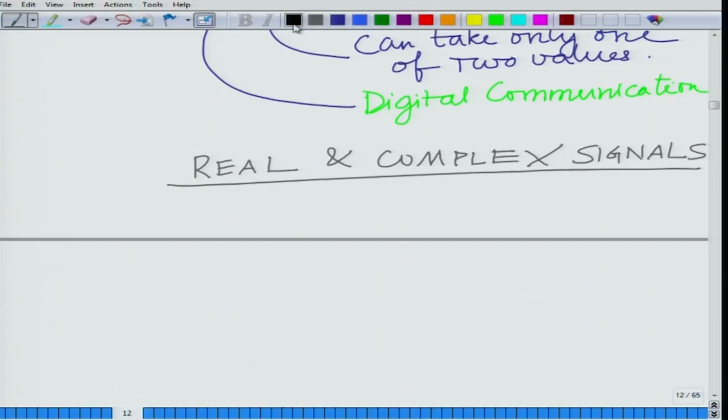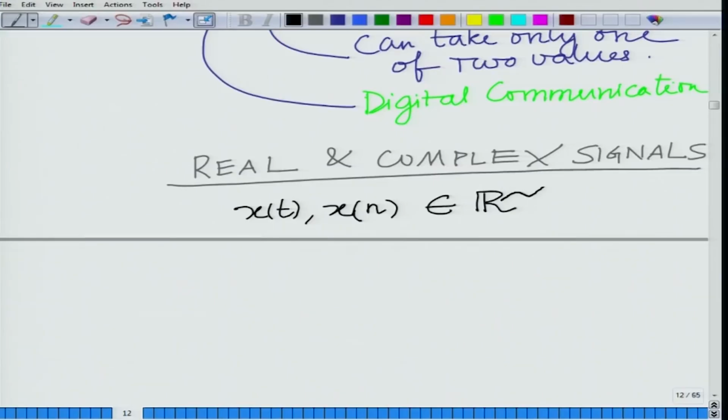Now, this is obvious, a real signal, either a continuous time or discrete time signal, if the values belong to the set of real numbers, that is, it can take only real values, it is termed a real signal. It can be either a continuous time signal or a discrete time signal. If it takes values belonging to the set of real numbers, it is a real valued signal.